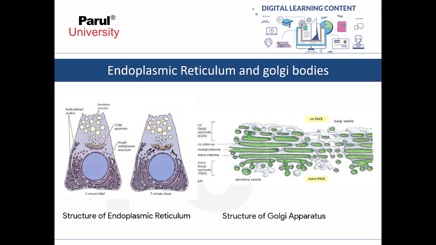ERGIC53's role in protein transport was identified because humans who lack it, owing to an inherited mutation, have lowered serum levels of factor 5 and 8 and therefore bleed excessively.